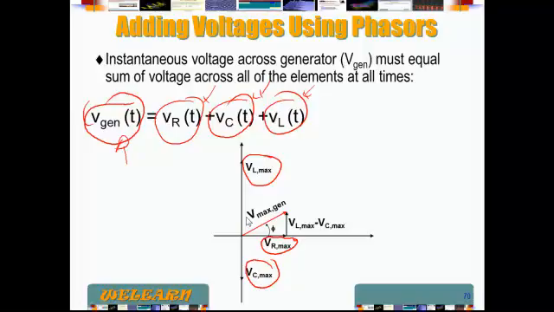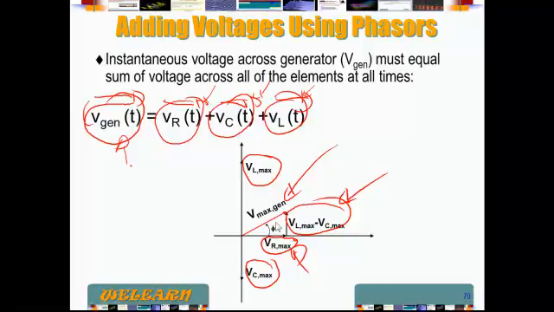So essentially we are thinking of these as vectors, and we are going to add them up as vectors. We have VL max pointing up, VC max pointing down, so we add them up to find this vector here. VR max is alone. So my overall vector is going to be the sum of VL max minus VC max and VR max. Since they are vectors, the way we get the sum, and this is easy since they are perpendicular, is as the diagonal of my rectangle.